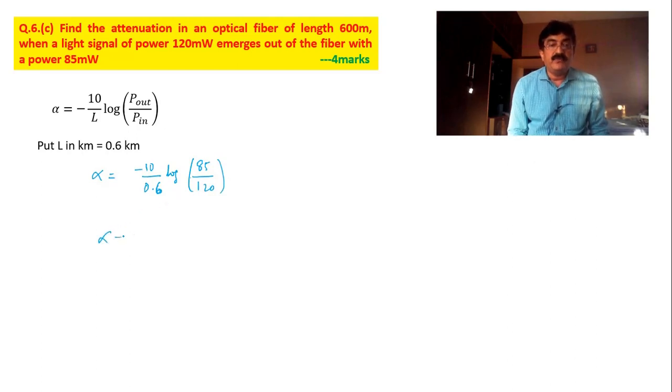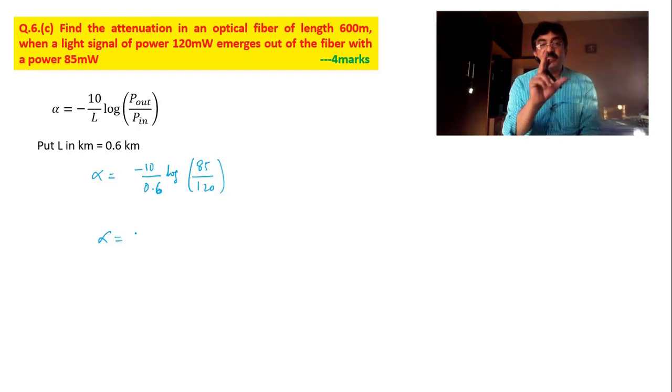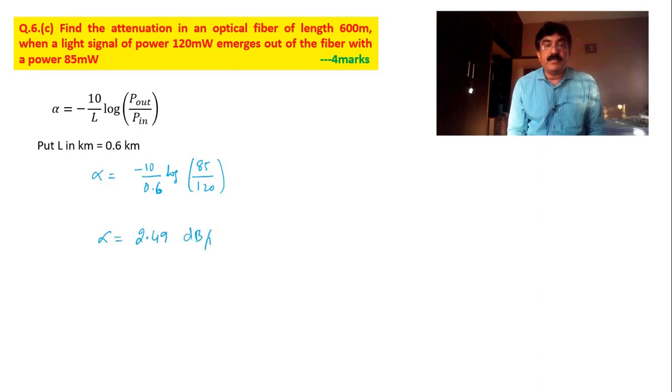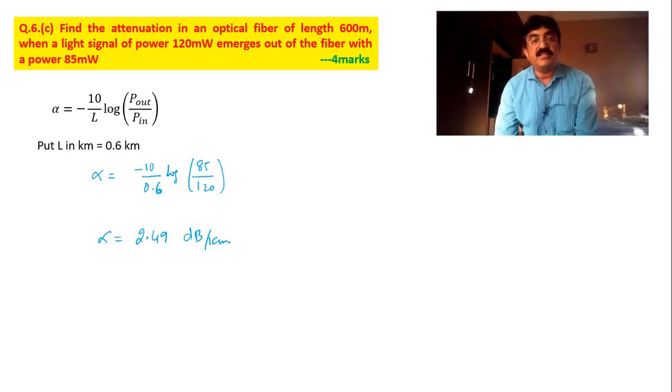So simplify, 85 divided by 120. For that, log, this time it is only log to the base 10, not ln. Into 10, divided by 0.6, it comes up with 2.49. So alpha is 2.49 and the SI unit is decibel per kilometer. So this is the answer for this particular question.